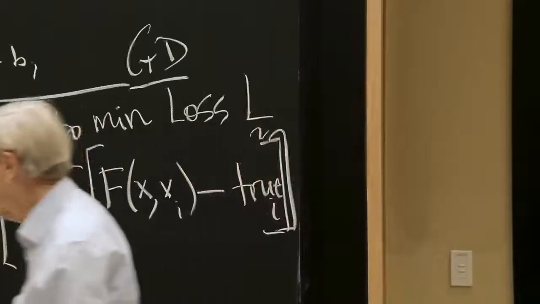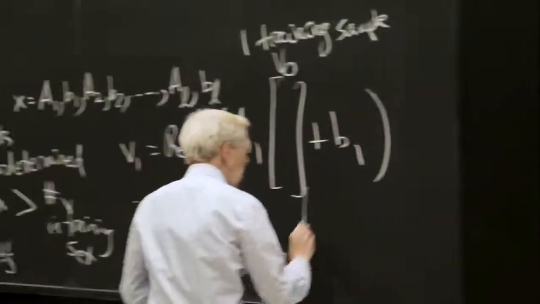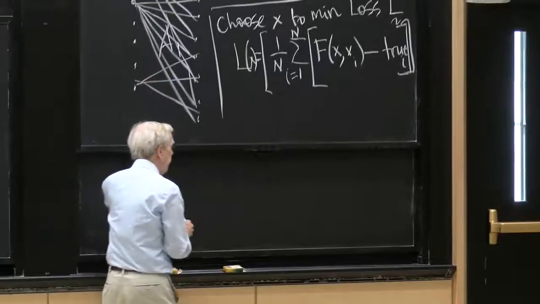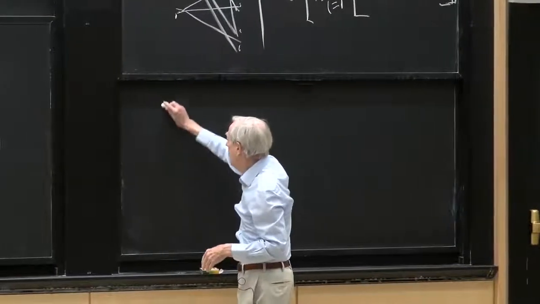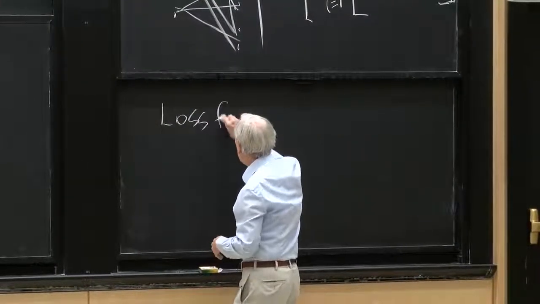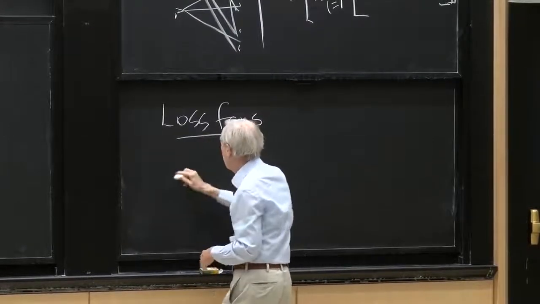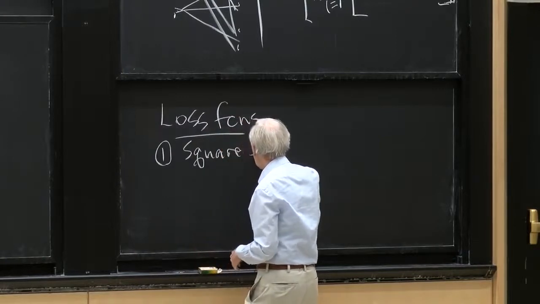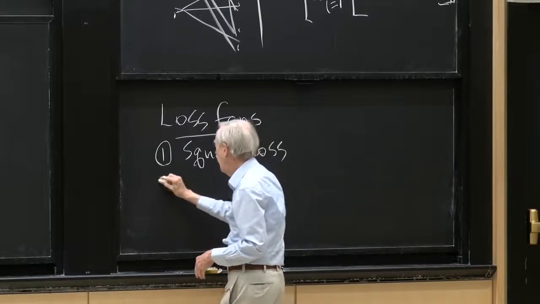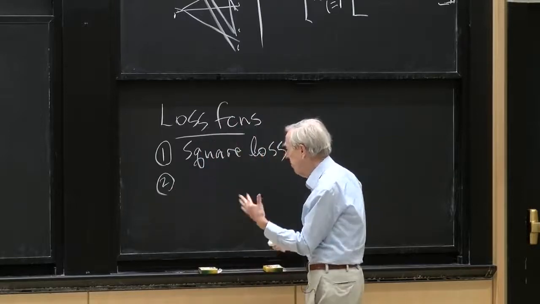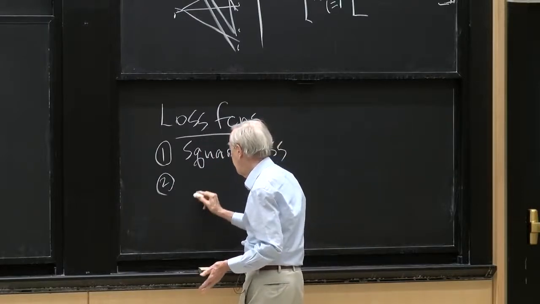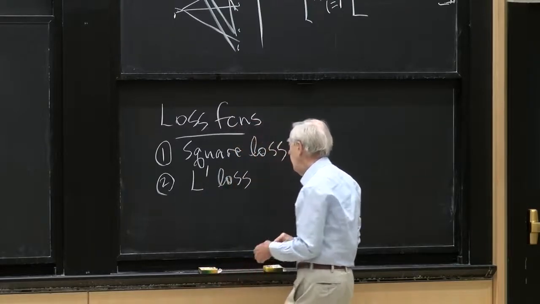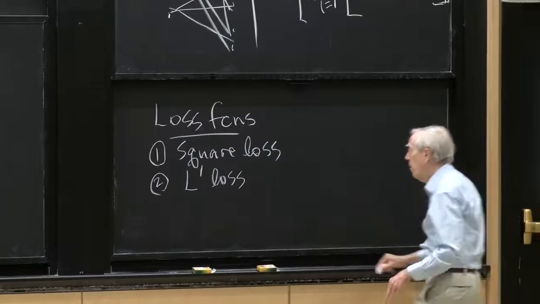I guess I haven't really spoken about loss functions. Let me just put those here. And actually, these are popular loss functions. One would be the one we know best, square loss. And number 2, I've never seen it used quite this directly, would be the L1 loss, maybe the sum of L1 norms.